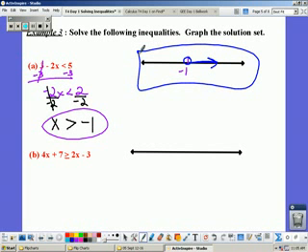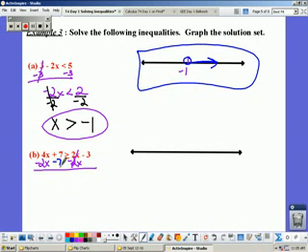Okay, for part B, there's more than one x. Okay, there's an x on each side of my inequality symbol. So I'm actually going to move all my x's to one side and all my other numbers to the other side all in one step. Okay? To keep my x's positive, I'm going to move them over to the left. So I'm going to subtract 2x. And that'll get rid of the x's on the right side. But now I want to get rid of the numbers on the left side.